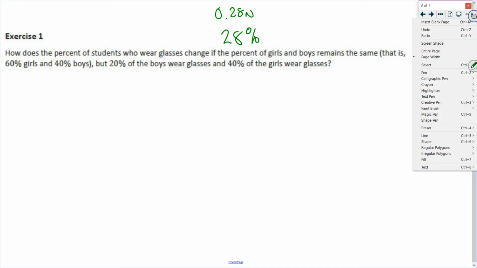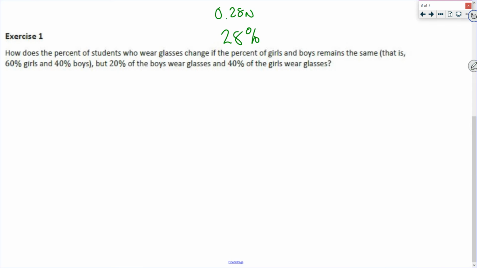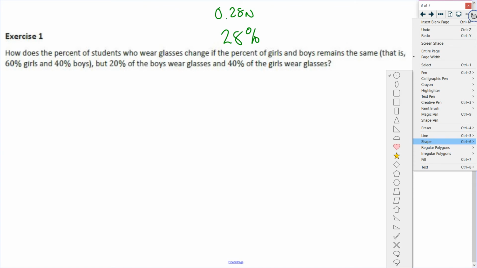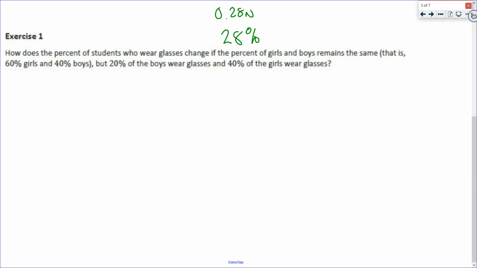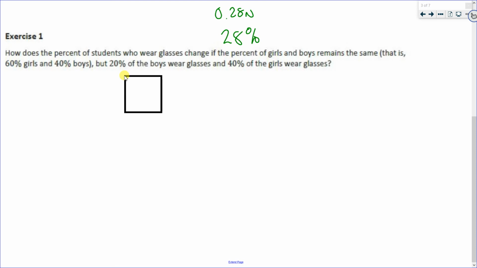Let's see. Yes, perfect. So let's draw a shape, shall we? Is it going to draw a shape? No, it's not going to draw a shape for me. Let's put the pen away. There we go. Well, not exactly what I was looking for.